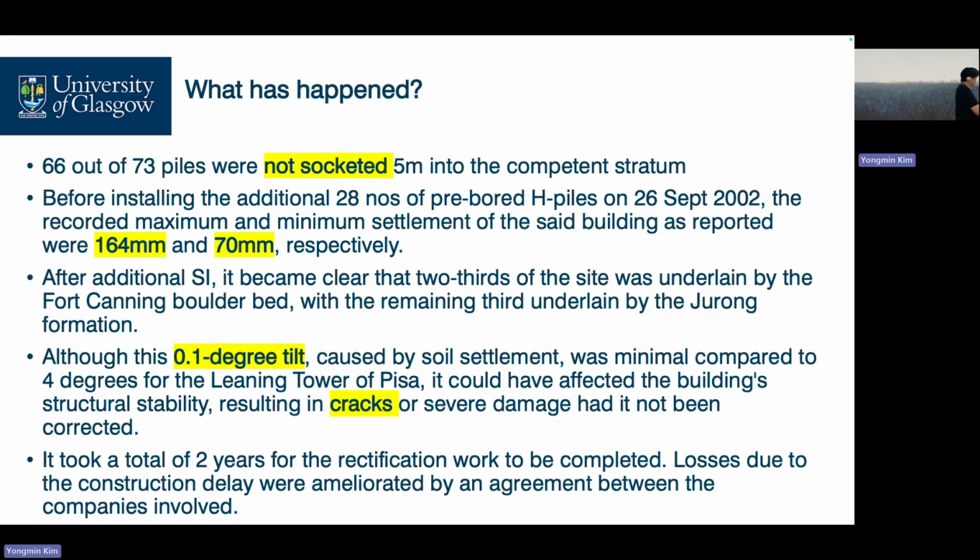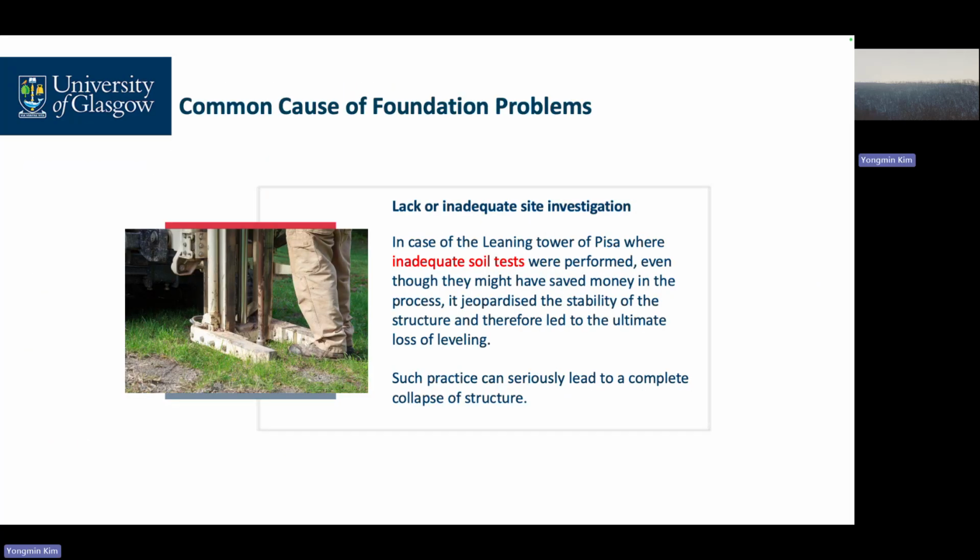First of all, why did it happen? Inadequate soil investigation, site investigation. Of course, there were some cores, two boreholes. But in between these, we can't imagine what happened underneath.